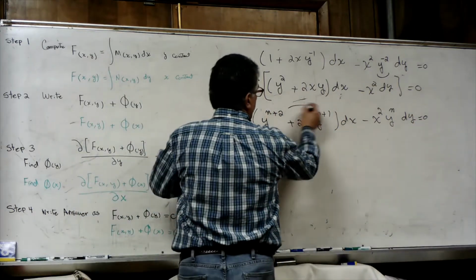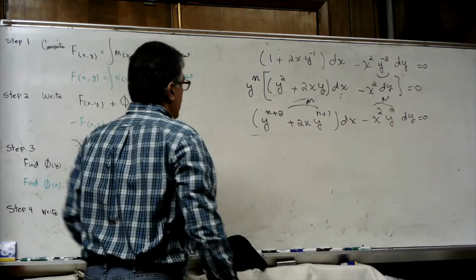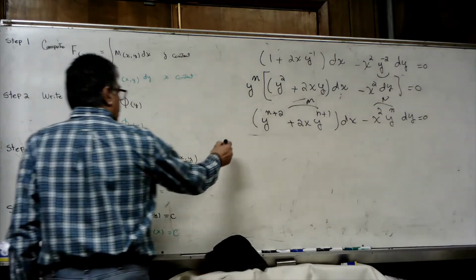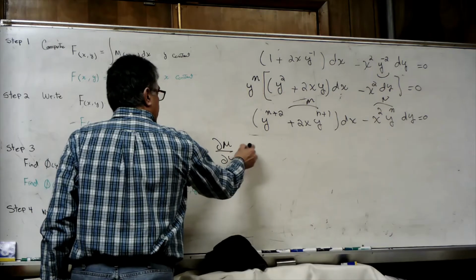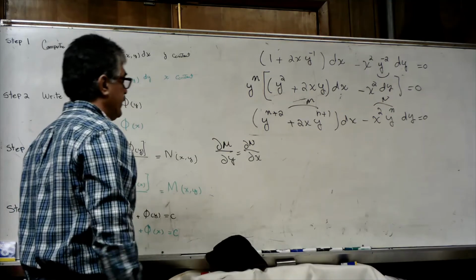So this is our M and this is our N. In order for us to have an exact differential equation, the partial derivative of M with respect to y must be equal to the partial derivative of N with respect to x.